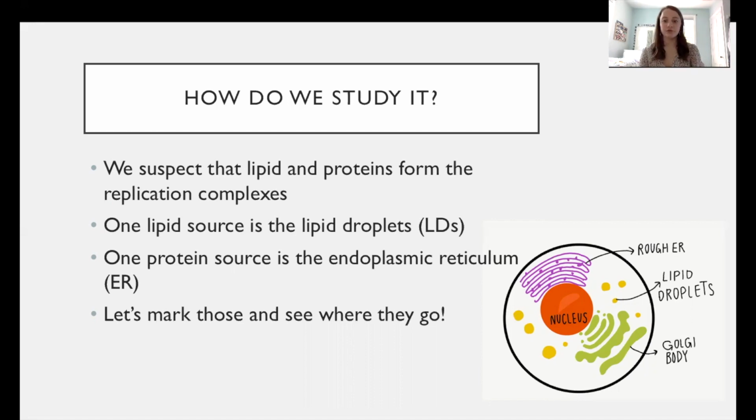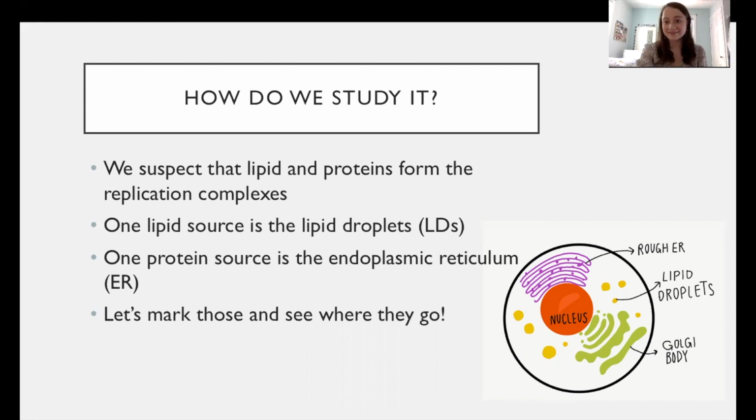So the reason we chose lipid droplets and rough endoplasmic reticulums was because, as we mentioned, we know that polio needs lipids and we know that it needs proteins to build the replication complex. And we were curious to see whether these were the sources of those macromolecules. And this is likely because lipid droplets, well, it's in the name, they store lipids, and endoplasmic reticulums are part of the protein synthesis pathway, which means that they are part of the steps for creating protein.